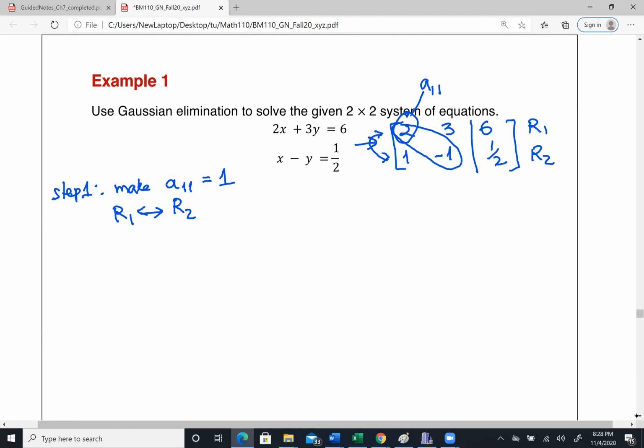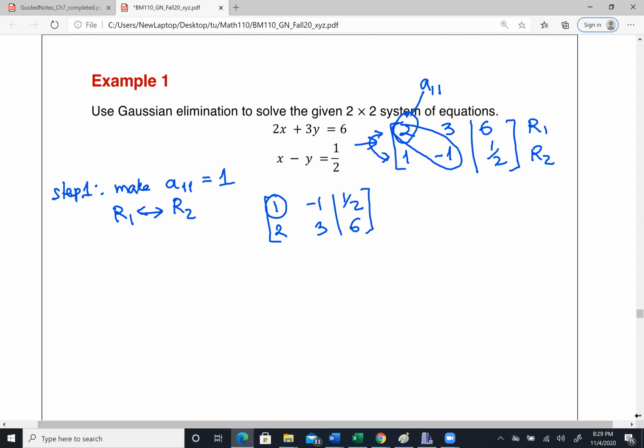So now the new one is 1, -1, 1/2, and then 2, 3, 6, right? So here's the new one. After this, the first row has a leading 1.